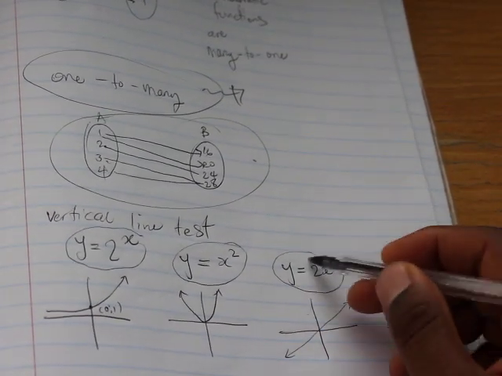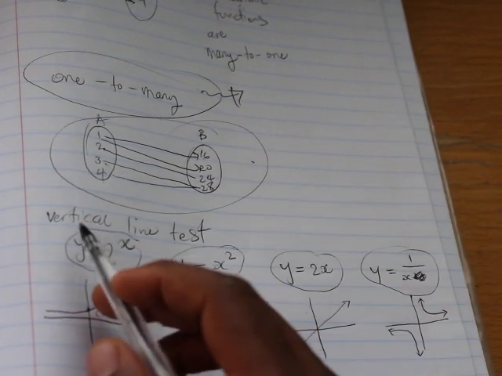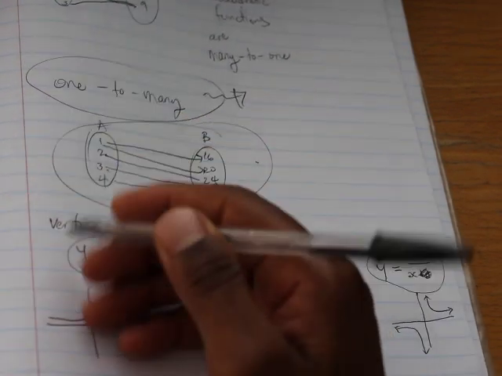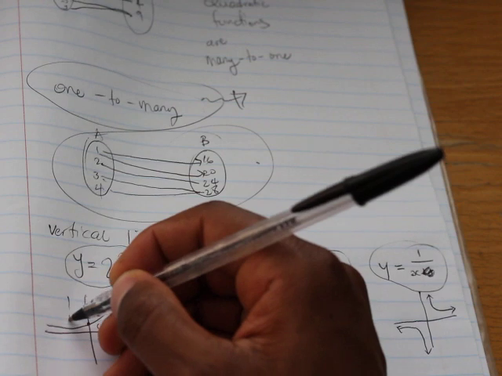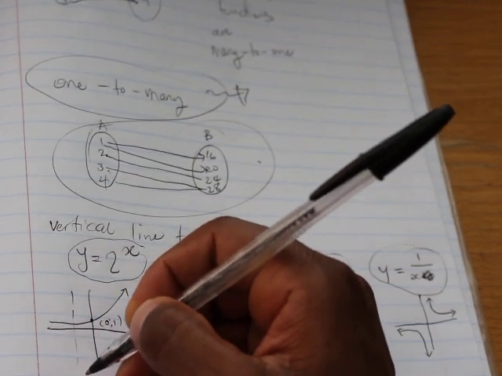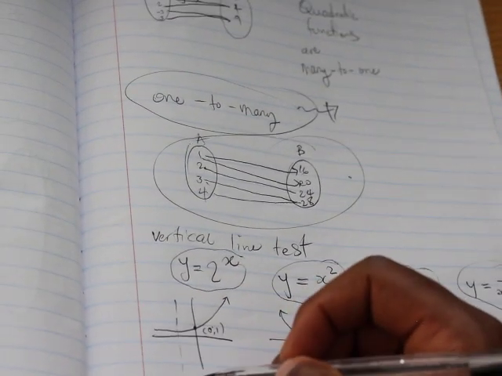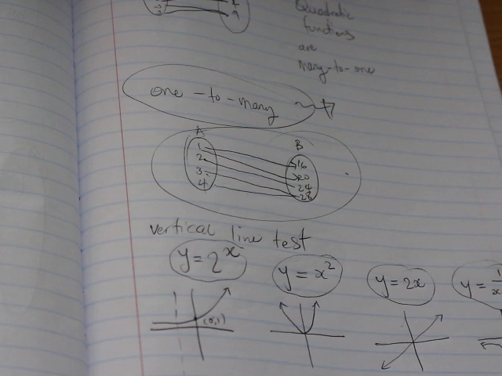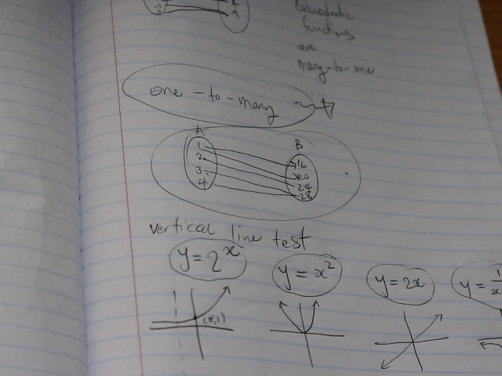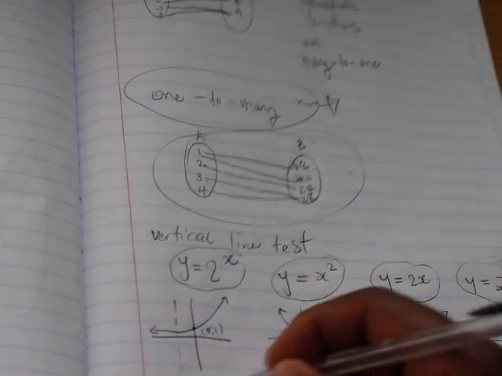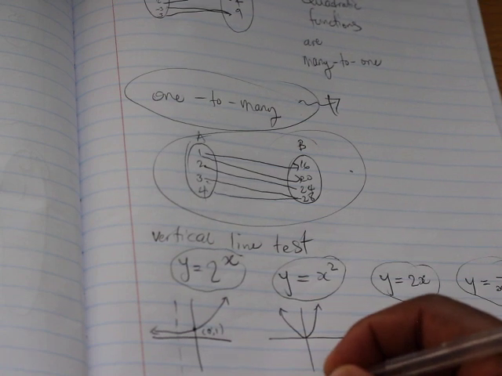So now, if you want to run a test just to check if these are actually functions, we're going to use the vertical line test. How do we use it? We just draw a vertical line. So here's a vertical line, the dotted line there. You can see that the vertical line cuts the function once.